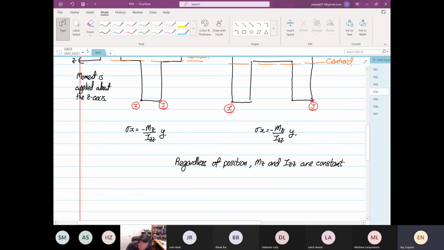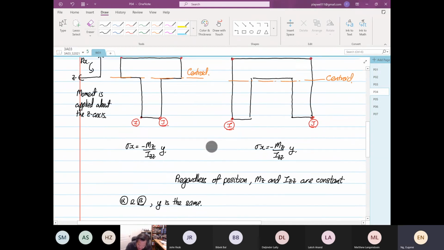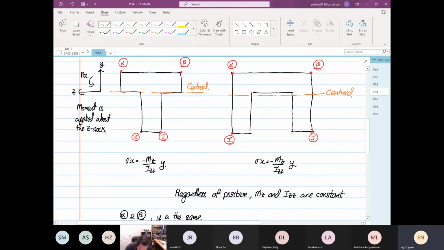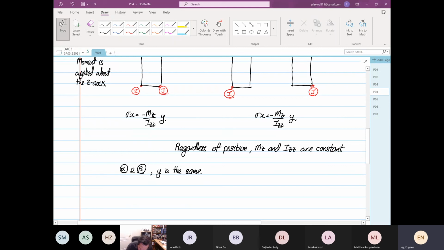So what is changing is Y. For point alpha and point beta, Y is the same for both cases, yes or no? Y is the distance from the centroid to here. That's our Y. And also for point I and point J, Y is the same.